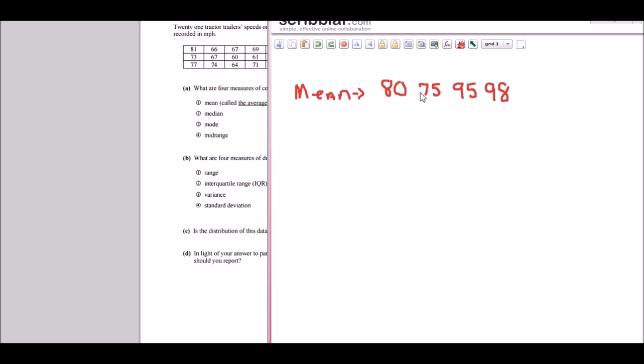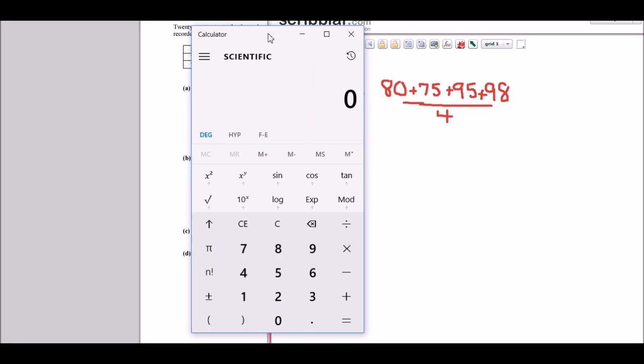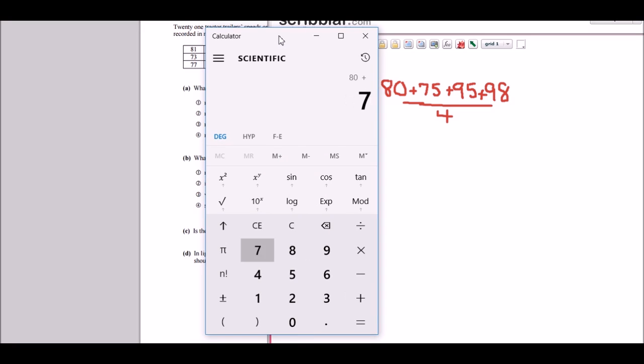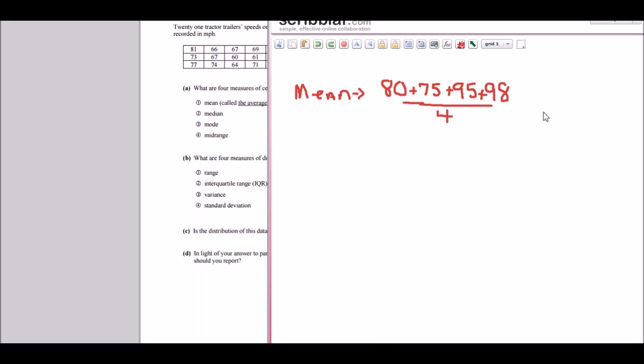So you have 4 test scores, you add those up, and since you have 4 of them, you divide by 4. That's how you get the average, or in this case, the mean. Let's do it real quick. 80 plus 75, and so on. There's your total, and then we divide by 4. There is your average, there's your mean. Average and mean are two interchangeable words.